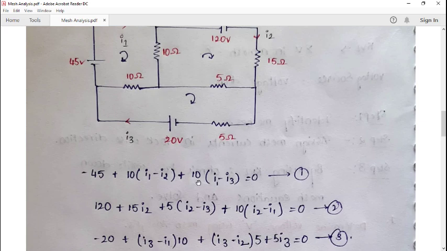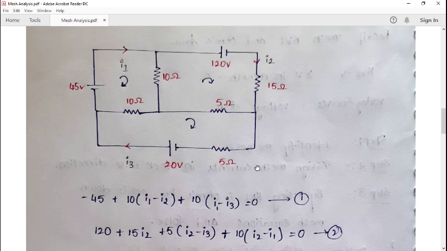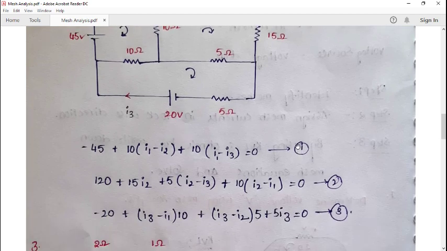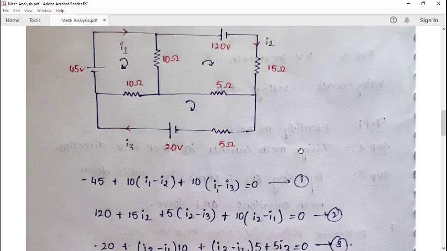I1 minus I3 is the resultant current, which is multiplied by 10 ohm, which gives voltage drop across this. So we equalized that to 0 according to KVL. So sum of all voltages in a loop is 0. That is the equation for loop 1, so we treat it as equation 1.